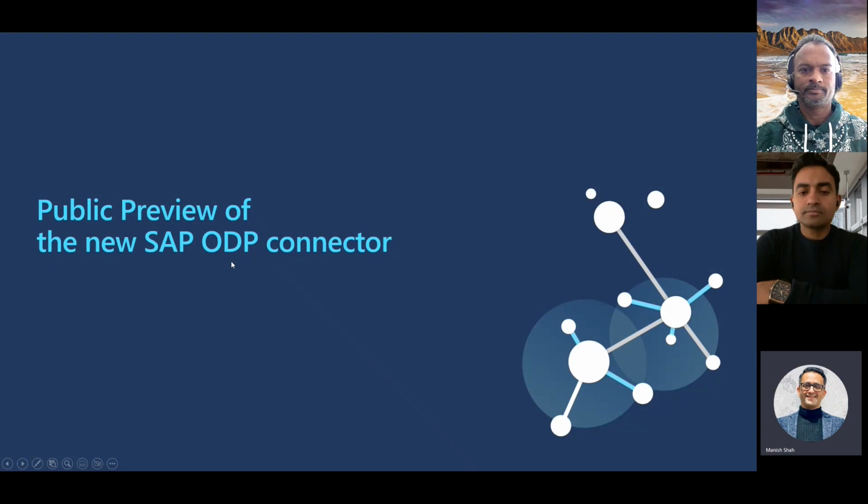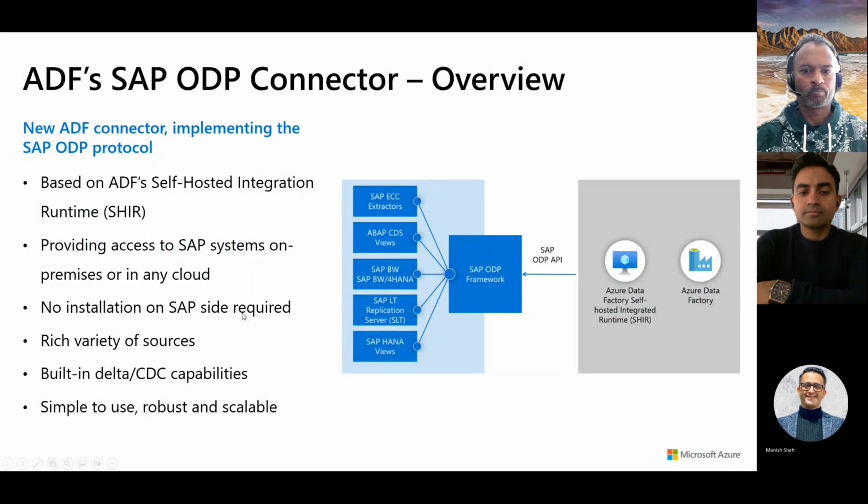But let's dive into the actual SAP CDC capability, and the name of the connector itself is called SAP ODP. If you're already SAP data experts, you would have heard of the ODP, which is SAP's operational data provisioning framework.